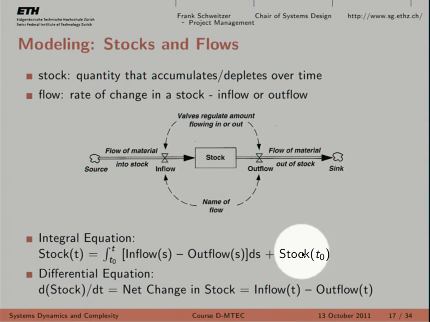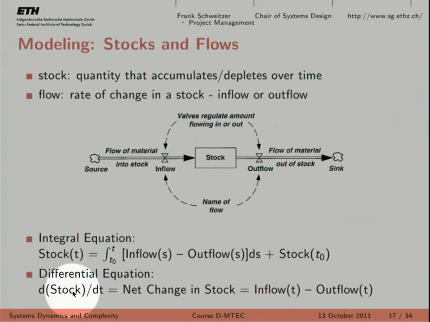And of course, we have some starting value for the stock, right? In some cases, your stock variable, your work to be done already exists when you got the project. If you're that unfortunate project manager. All right. So this is the integral way to describe this, by a sum. You can also describe it in a differential way.